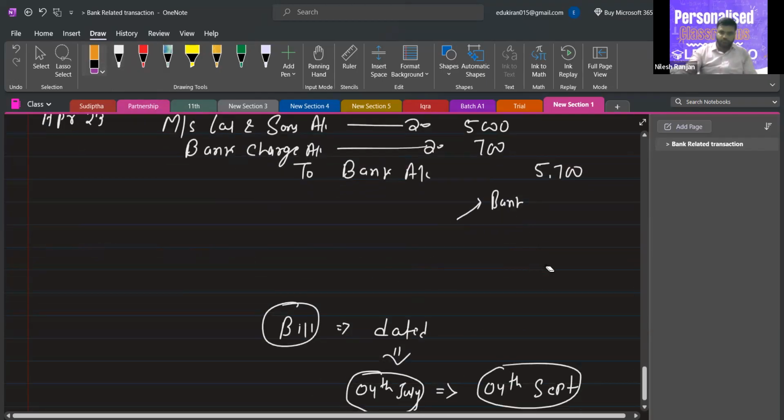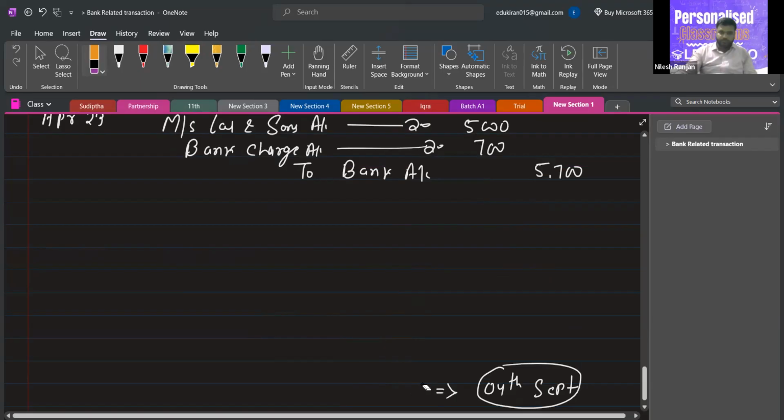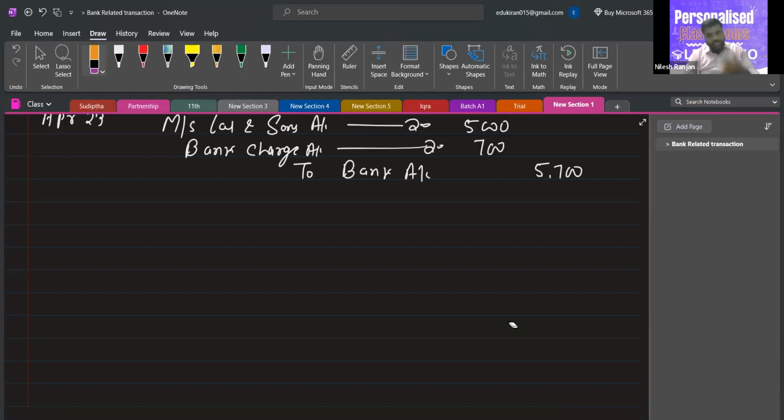Is this clear? The bank has given us money on 4th July and we have given it the bill, and that bill will be collected after 2 months. So the bank is giving money to us right now and it will receive the same money after 2 months. It means it is a loan. Yes or no? Yes, sir.